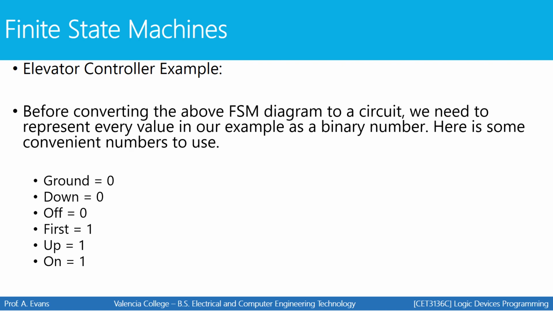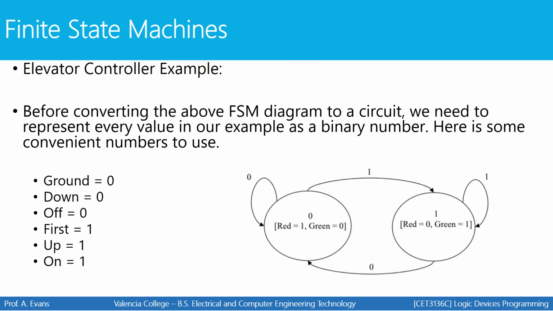We're going to decide that first is 1, up is 1, and on is 1. When you're the designer of a system like this, sometimes it is up to you to determine these initial values for things like ground floor, first floor, etc. If it's not specifically given to you within the problem, you have to define it. So that's how we're going to define it.